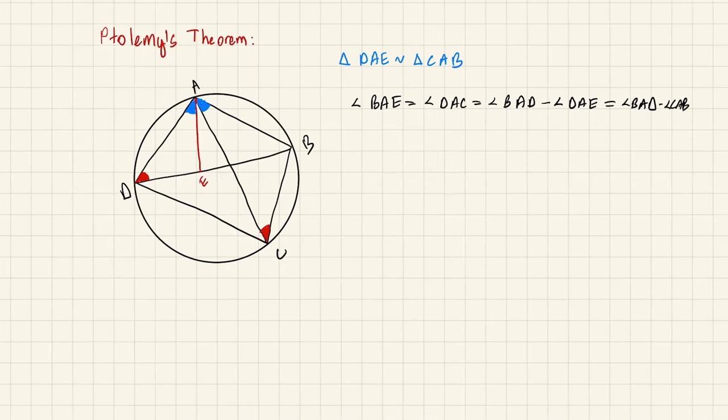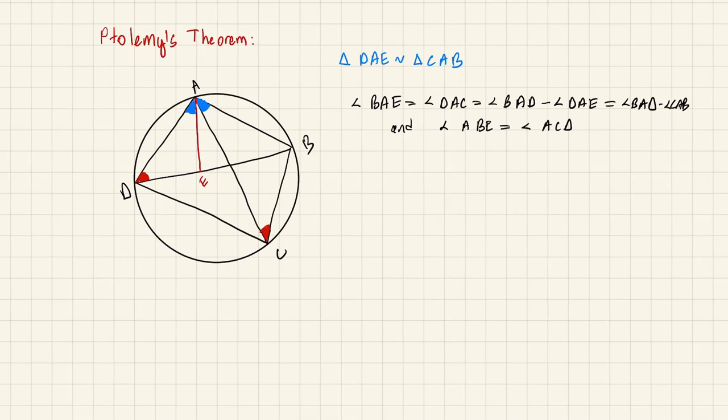This is one thing, and also we have the angle ABE, which is congruent to angle ACD, just because, let me show it right there, ABE, this angle, and ACD, this angle right there, have to be congruent because they are subtended by the same arc.